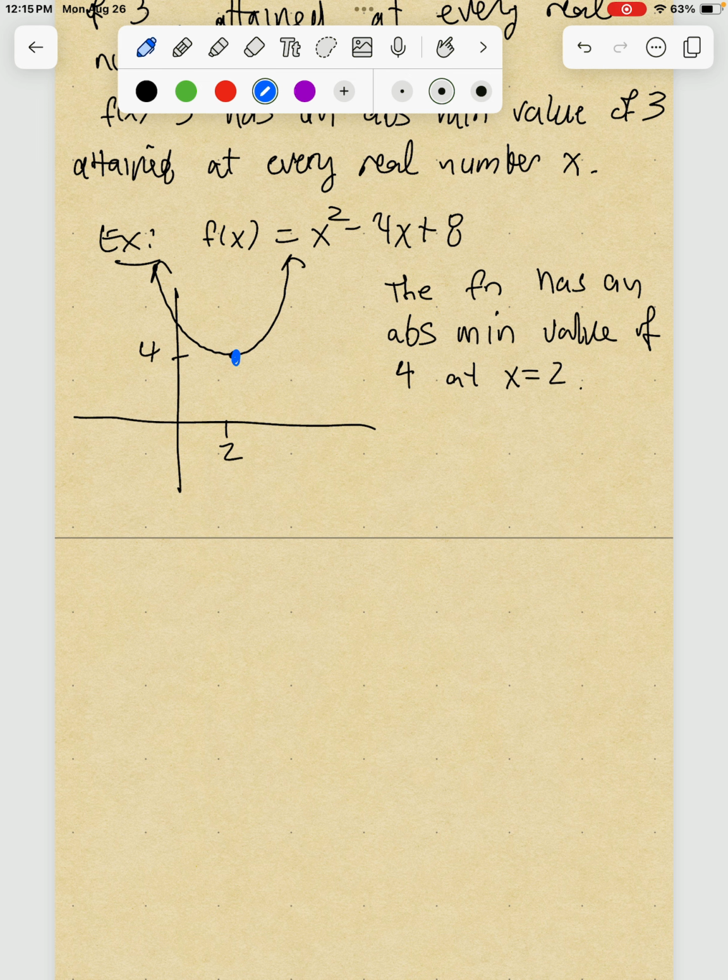But does this function have an absolute maximum? No, because as x goes out to infinity or to minus infinity, all the y values are achieved. So there is no absolute maximum value of f.